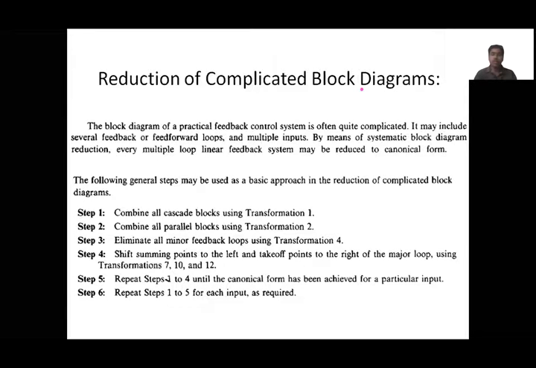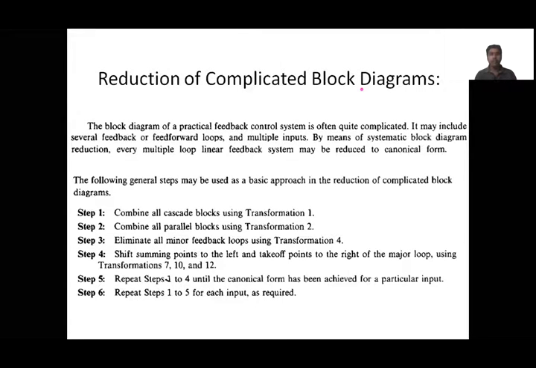Not only the summing points, takeoff points can also be altered to simplify the block diagram further. You keep repeating the first to fourth steps: wherever cascade blocks can be simplified, parallel blocks simplified, loops eliminated, then shift the summing points and takeoff points repeatedly, and finally you will get the simplified version in a single block. This is the way of reducing a complicated block diagram.